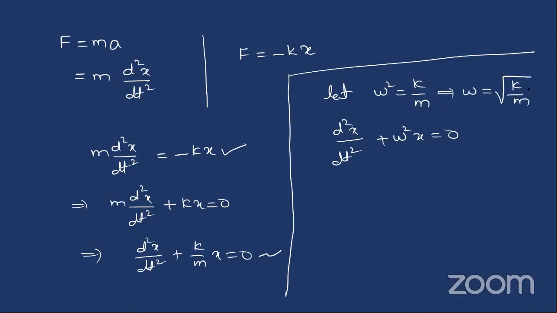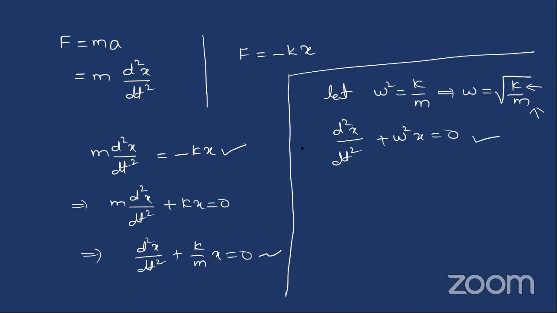If you make the spring a little stronger, that is, if you take k a little bigger, the oscillations will be quicker. If you take m a little higher, it takes longer for the mass to change its inertia, and the oscillations will be slower. That's how you can understand the system.